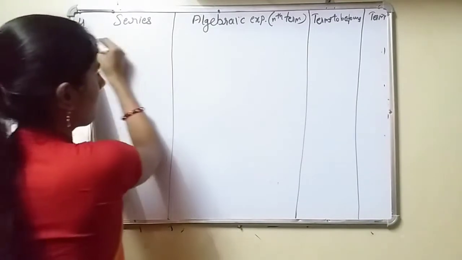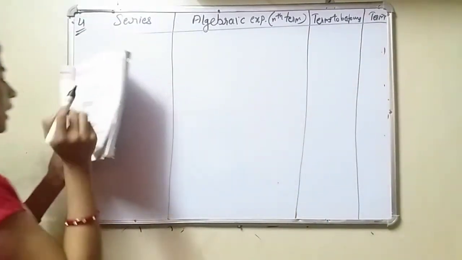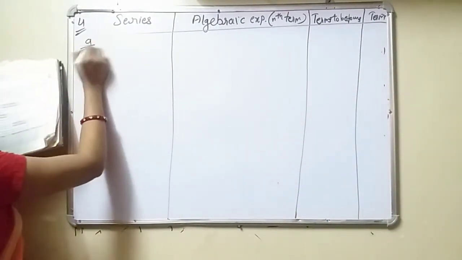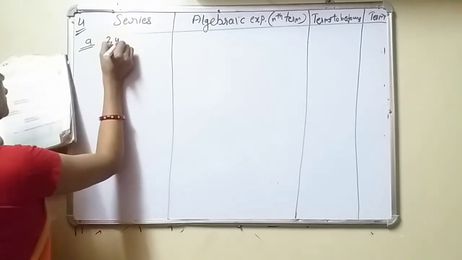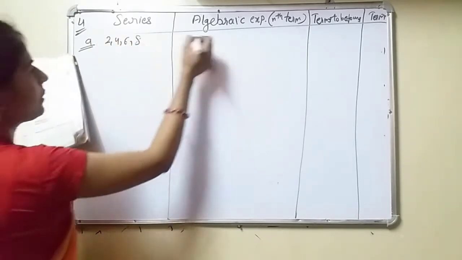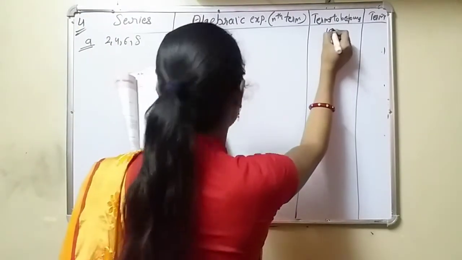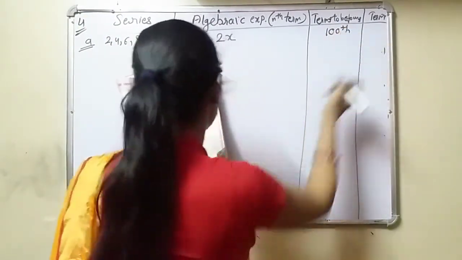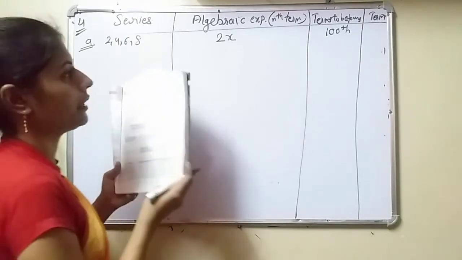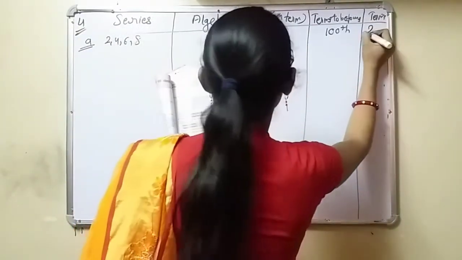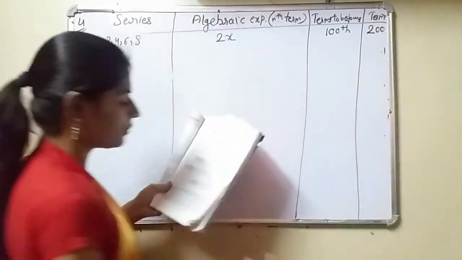Now see, A: 2, 4, 6, 8 it is given. Algebraic expression is 2x. Term is your 100th term. It means what you got here, 200. The term is 200. How did you get here 200?